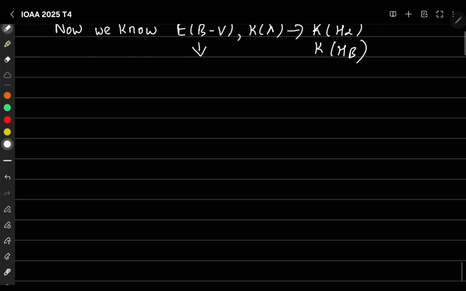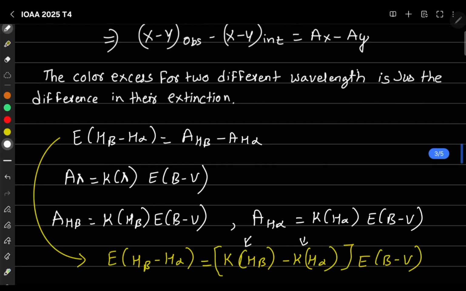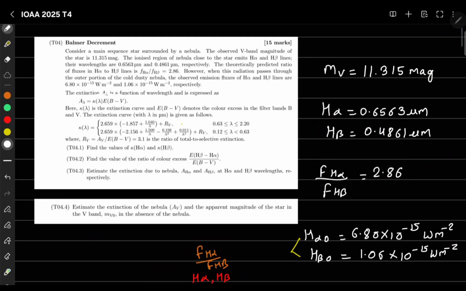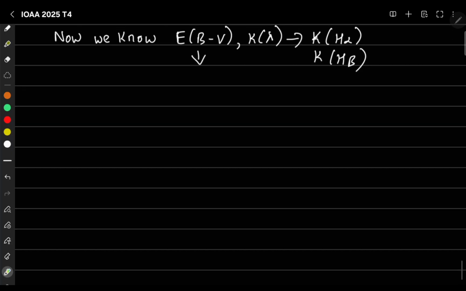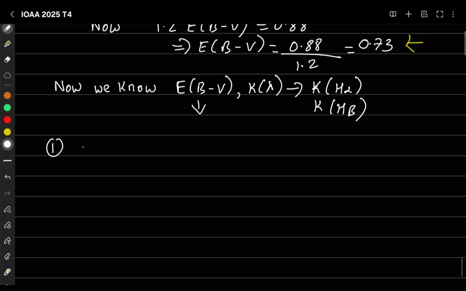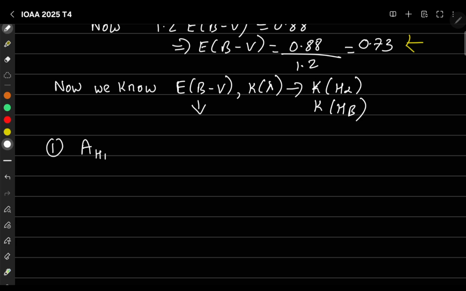Now I can simply use the extinction formula provided in part 1, where extinction is a function of wavelength. So I can write A for H beta as K_Hβ times E(B minus V).